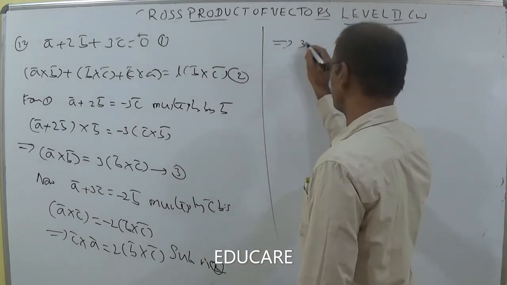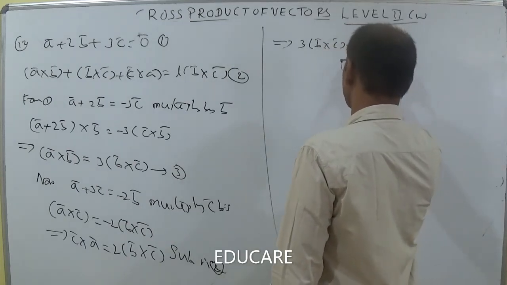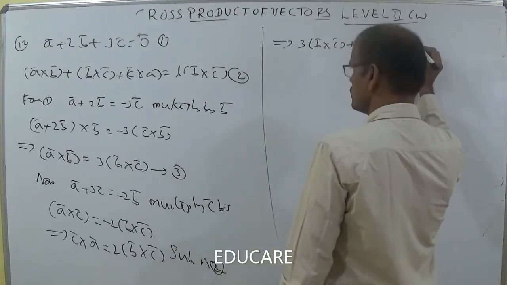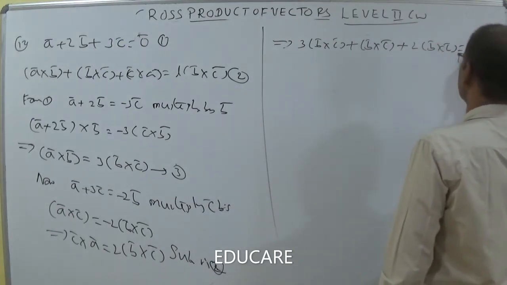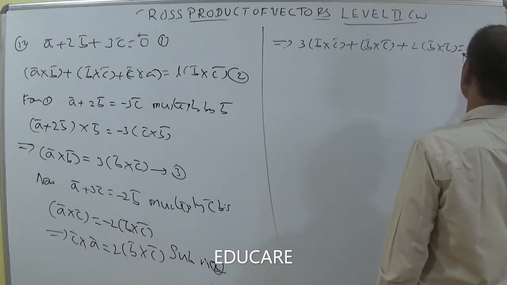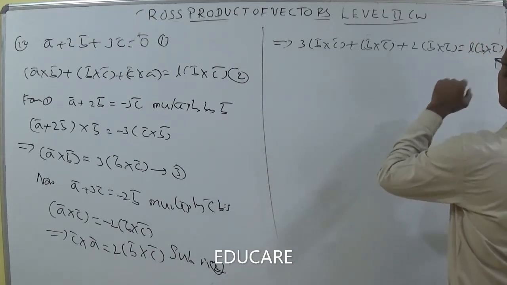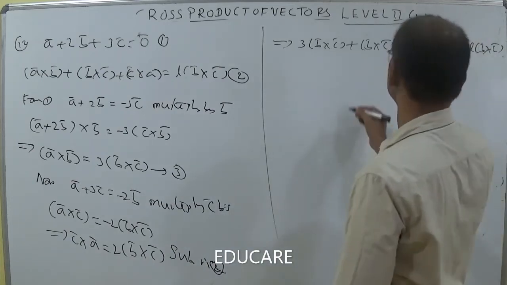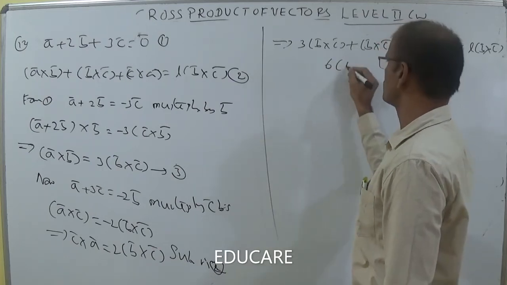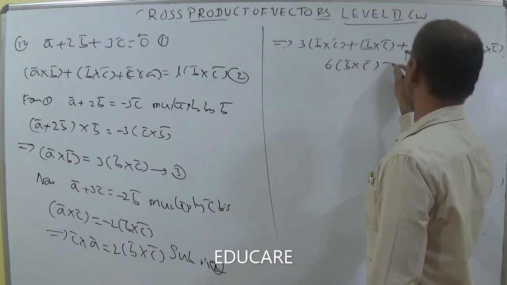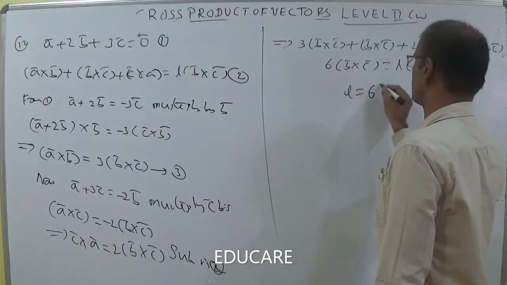Instead of A cross B we got the value 3 into B cross C, plus here B cross C, no need to change, plus here we got 2 into B cross C is equal to L into B cross C. 3 plus 1 plus 2 is 6 into B cross C equal to L into B cross C. So L equals 6.